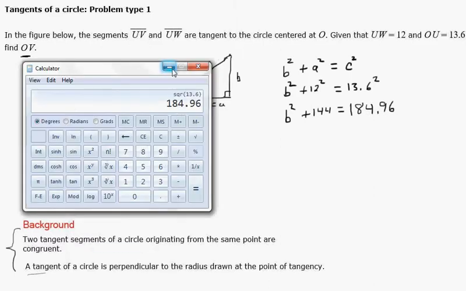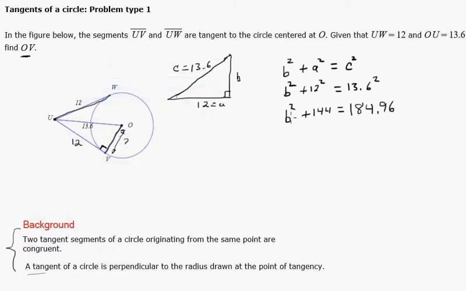Okay, good. Now I'm going to solve for B squared by subtracting 144 from both sides. So we get 9, 6, 4 take away 4 is 4, 8 take away 4 is 4, and 1 take away 1 is 0.